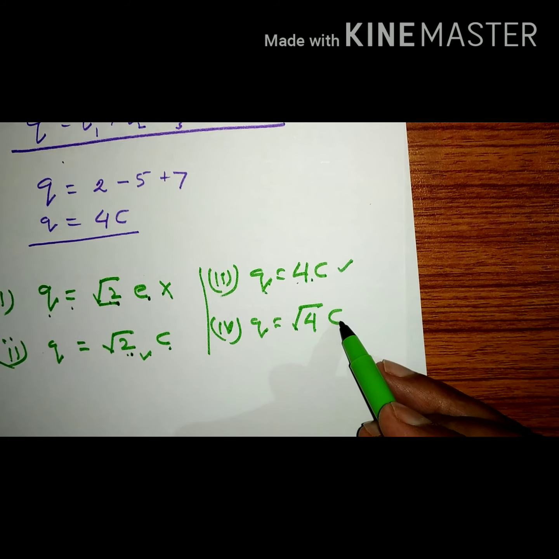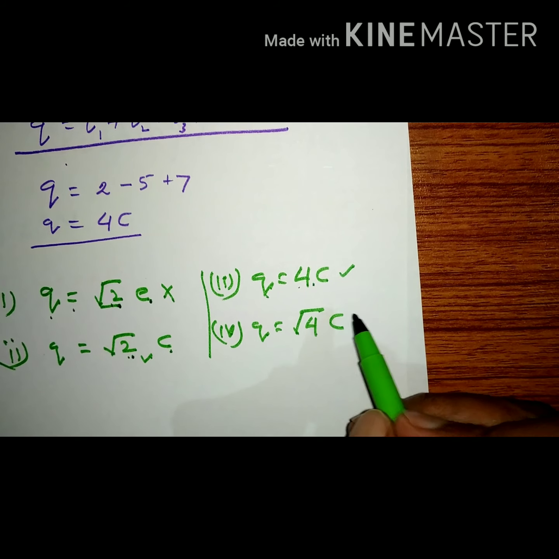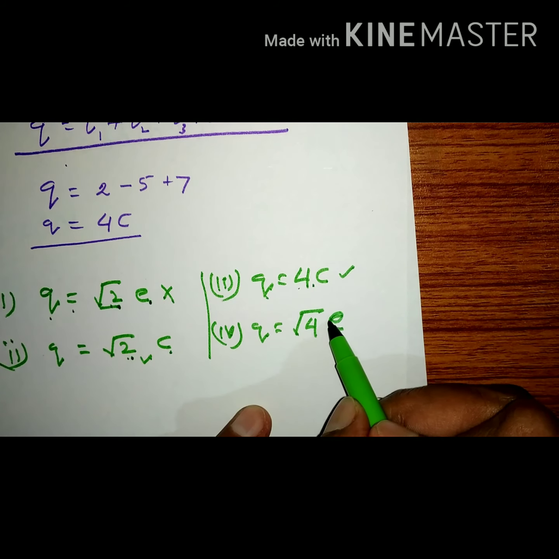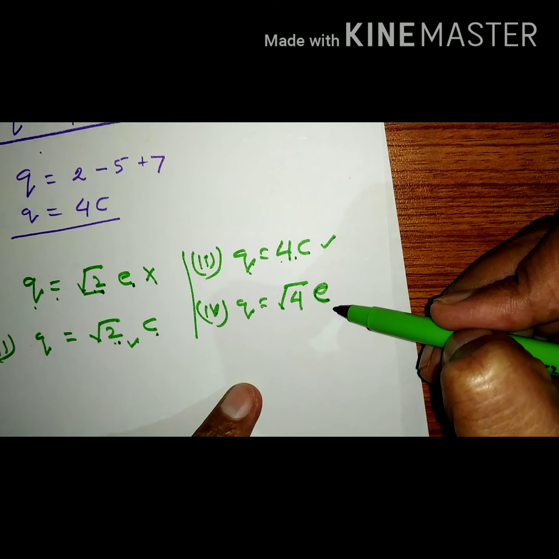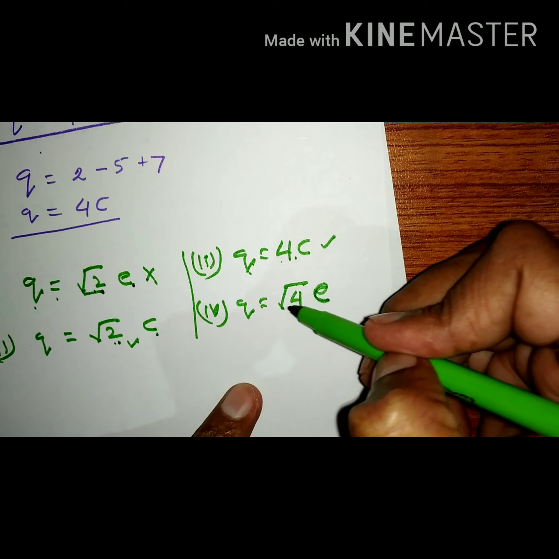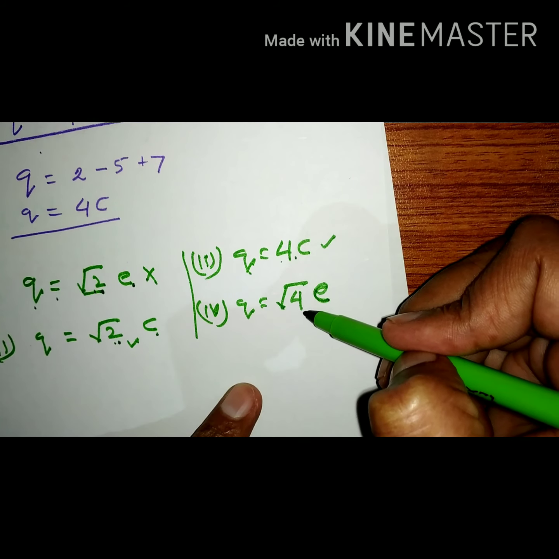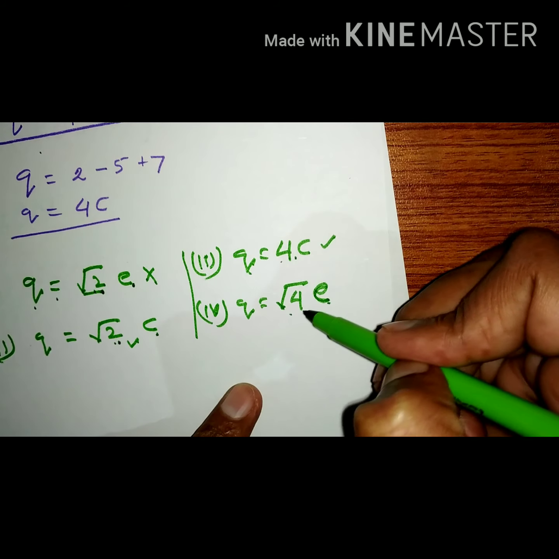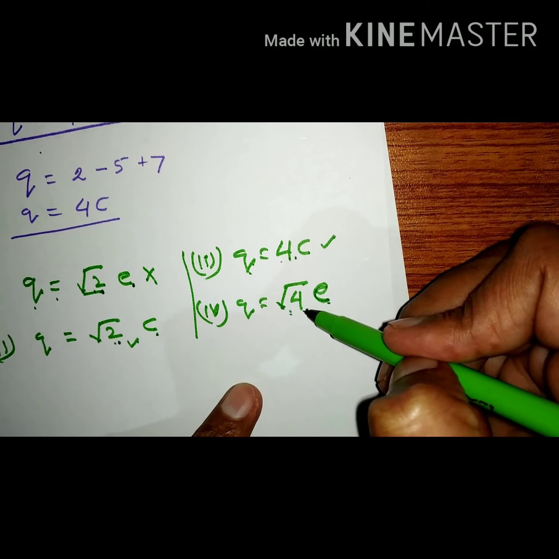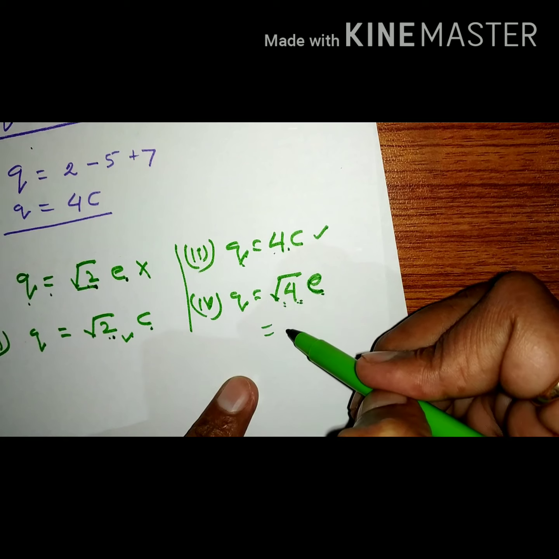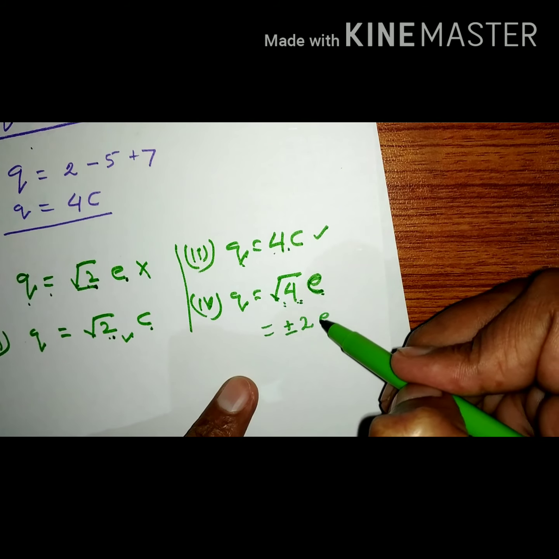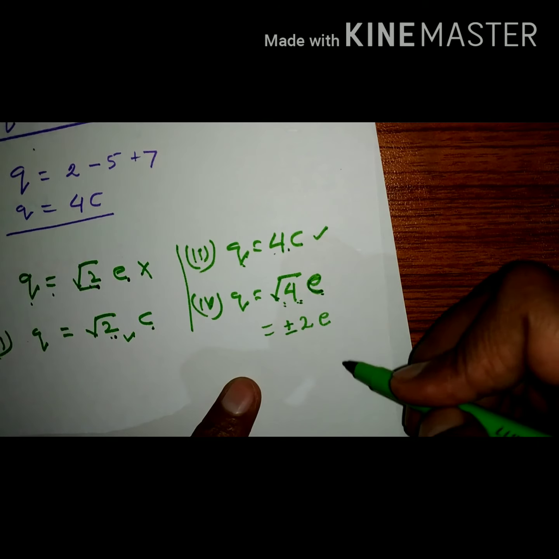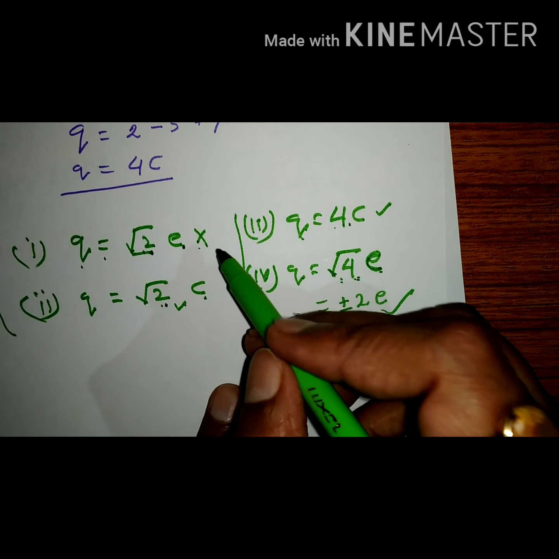Q equals root 4 e: now this is in terms of a multiple of e. Just to check, this charge is represented in terms of multiple of e, whether this coefficient is an integer or not. Root 4 is an integer, so we can write 2e. So this is also correct, only the incorrect one is this.